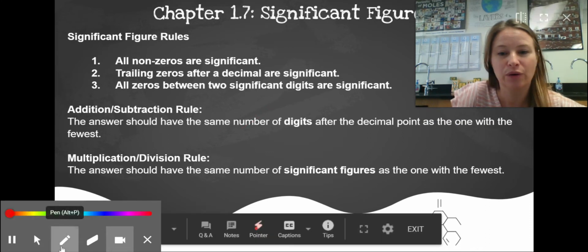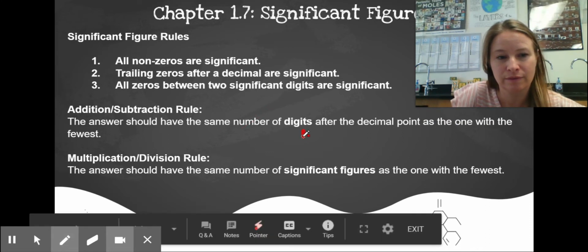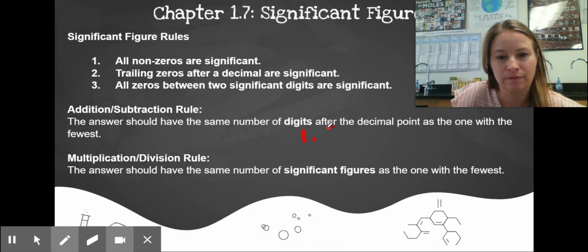If you were adding 1.5 and you are adding 0.25, then you would get 1.75, right?